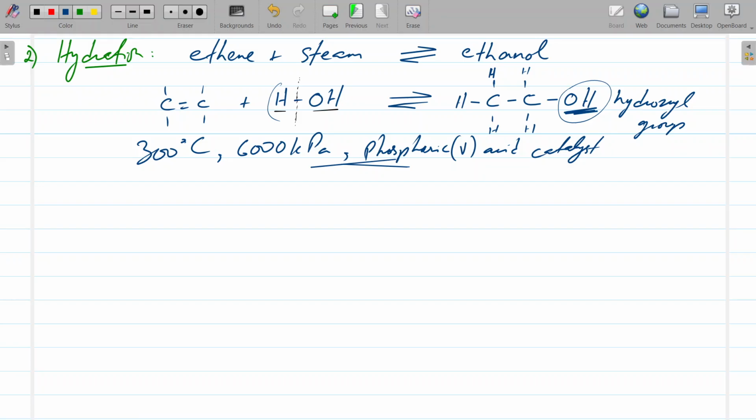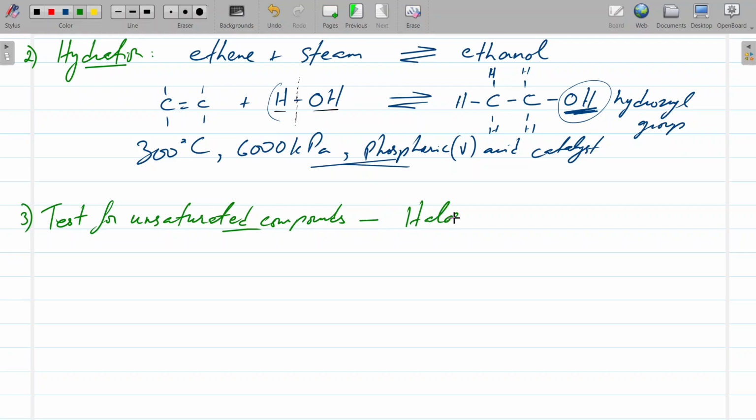Now there's another addition reaction that can be conducted, and this one is used as a test for the presence of unsaturated compounds, not specifically alkenes, meaning the ones that have at least a double bond, which alkenes do.